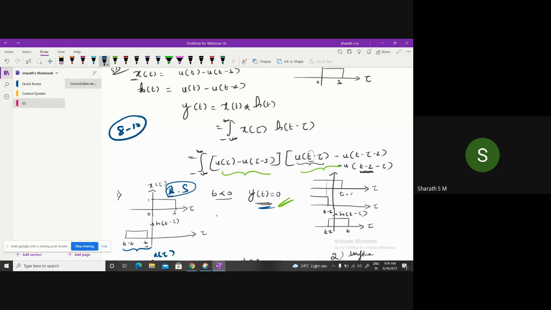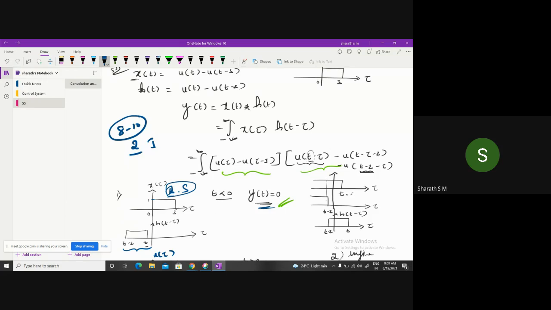If both are infinite, we can observe 2 cases. Once we look at the signal itself in the question paper, only then can we conclude whether we need to go for 2 cases, 3 cases or 5 cases while doing the convolution integral.